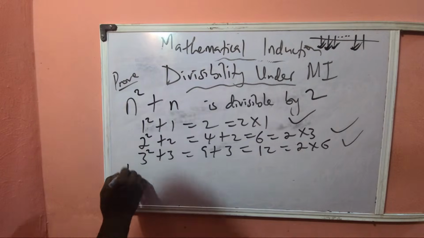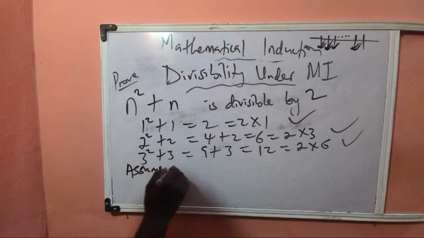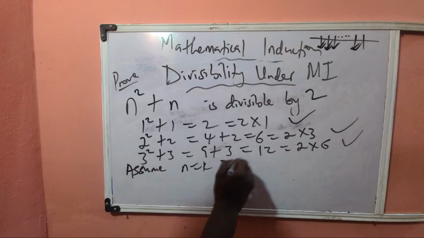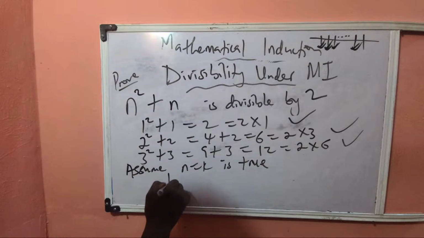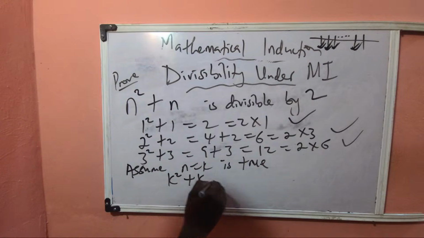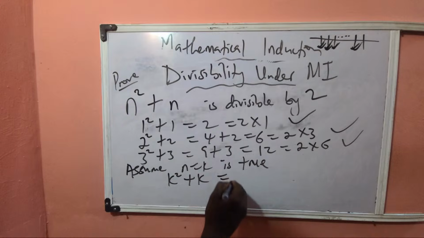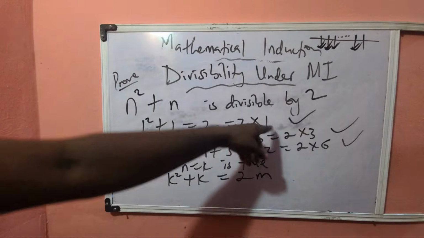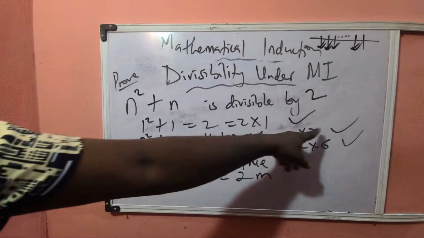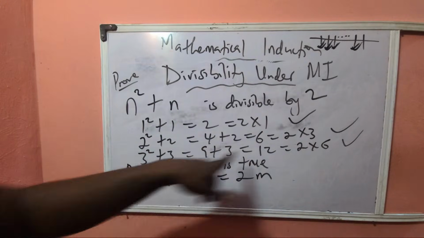So we now assume that n equals k is true. If that was the case, that means we'll have k squared plus k being true. And that will mean our answer will be something like 2 times n. Don't forget, when it was true for 1, it was 2 times 1. For 2, it was 2 times 3. When it was 3, it was 2 times 6.